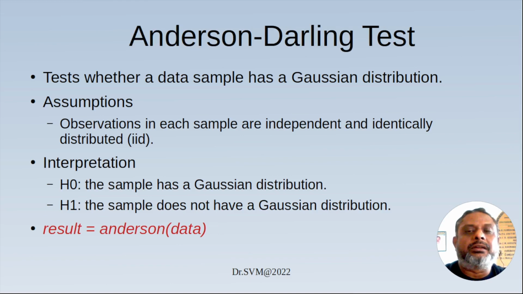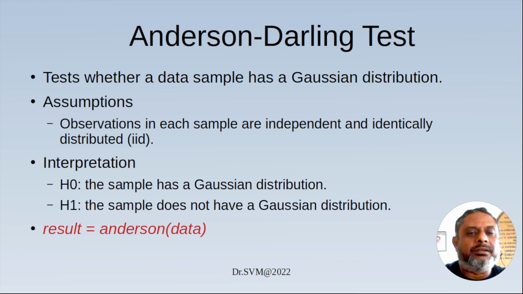And finally, the Anderson-Darling test. This is also used for testing whether the sample has a Gaussian distribution or not. The same assumptions apply here, that the data comes from an IID space, and the interpretation is also the same. The null hypothesis says that the distribution is Gaussian, and the alternative says that it is not Gaussian. The function used is anderson. You pass the data and it gives the result.